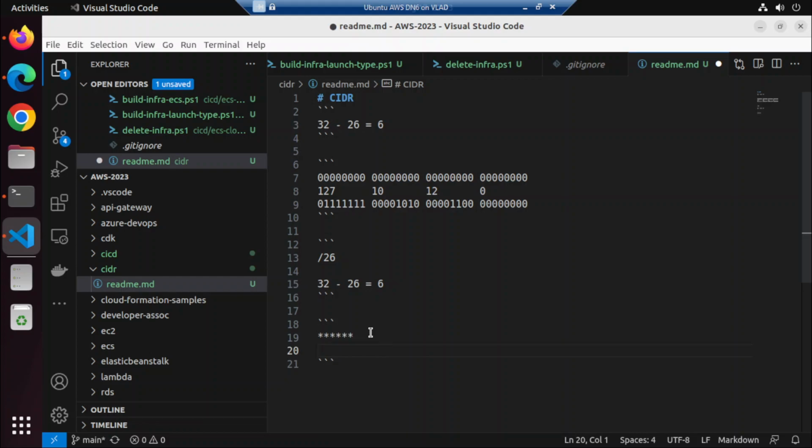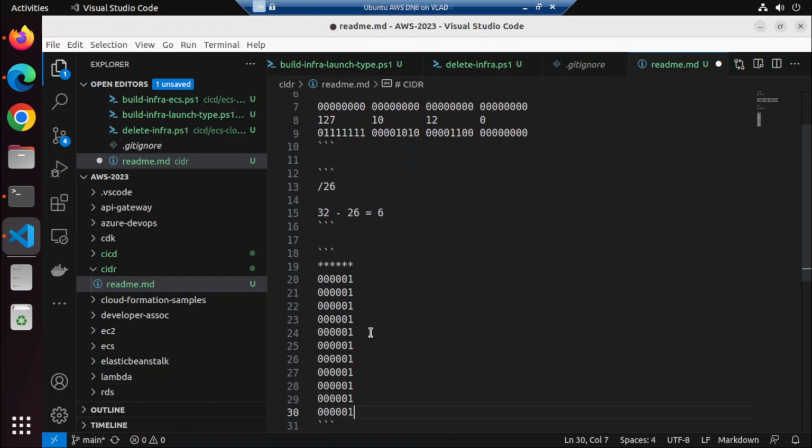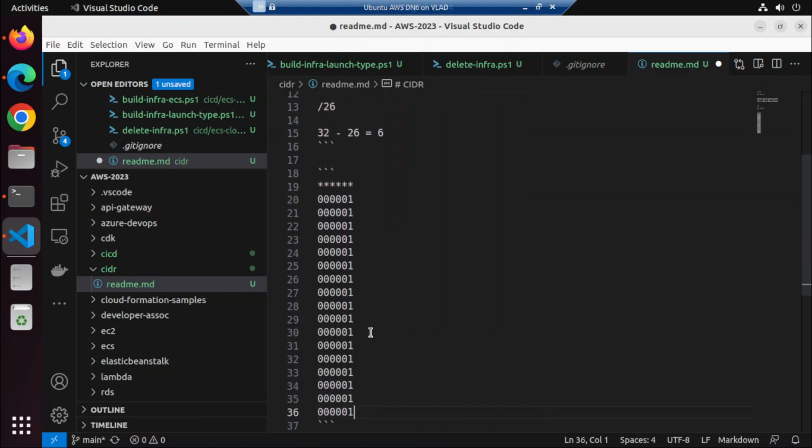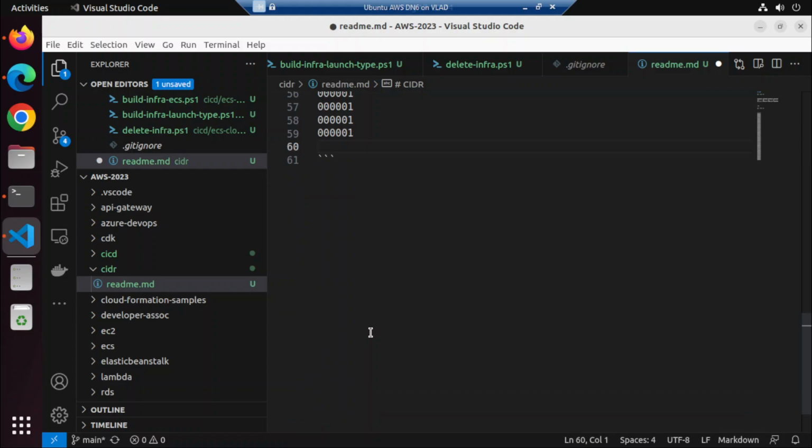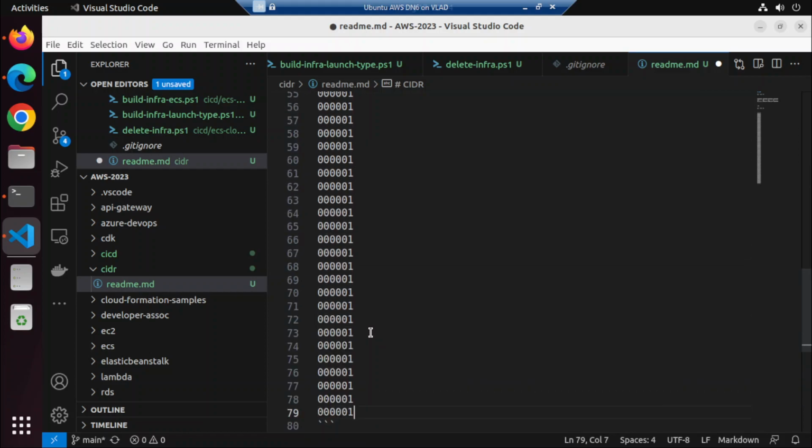So if you say 0, 0, 0, 0, 0, 1, then 1, 2, 3, 4, 5, 6, 7, 8, 9, 10, up to 20, then 40, 60. So that is 64 combinations.